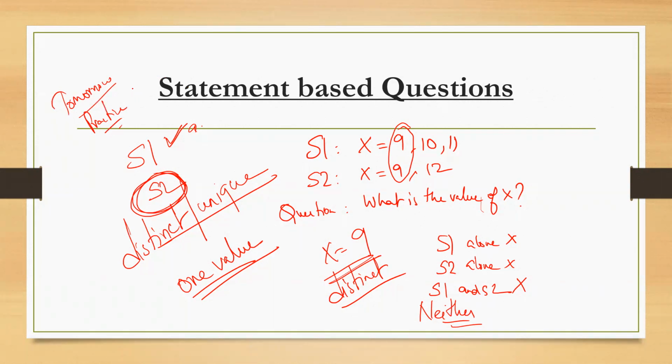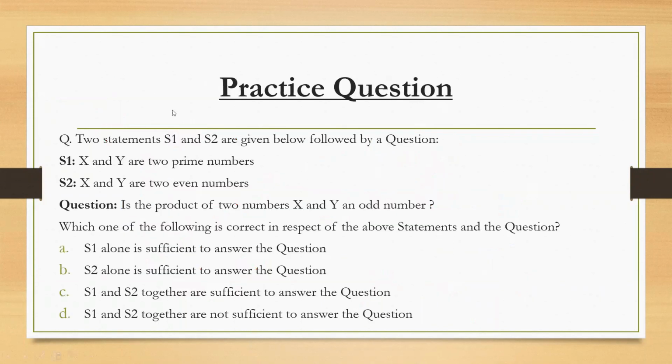Okay, so let us directly now jump into the statement based problems. Again understand, you have to answer this question: either it has to give a definite yes, or a definite no. So what is the question asked?